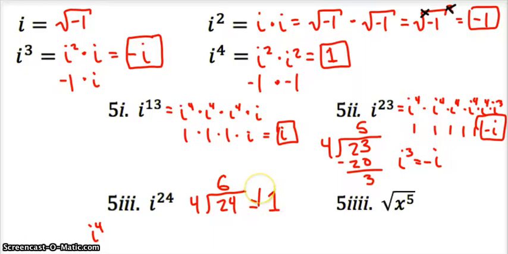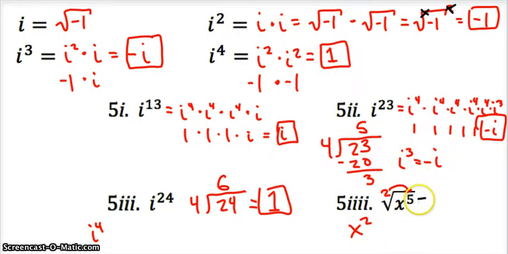And finally, I know this isn't an imaginary number, but it's the square root of x to the fifth. Let's pretend that there is a 2 right above this square root. Well, this 2 goes into that 5 two times, so I'm going to pull that out, but remember it's an exponent, so it's going to be x squared. Now what does this mean?